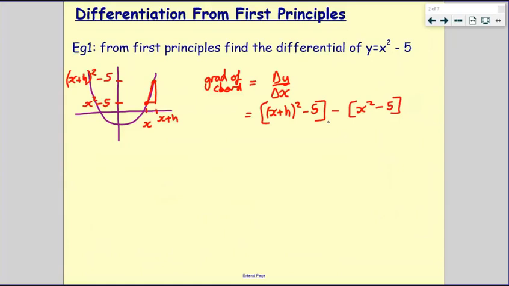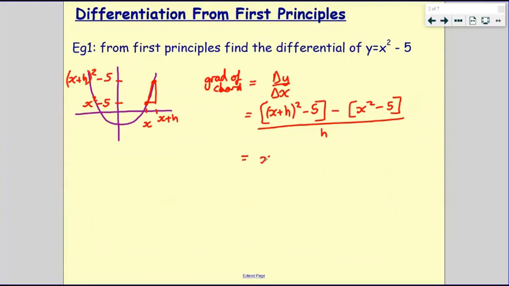As you can see, that's probably going to cancel somewhat. Divided by the change in x. Well, the change in x, we could say is x plus h subtract x, but that's just going to be h. That length there is just h. So we'll say h. So all we're going to do now is simplify this big expression.